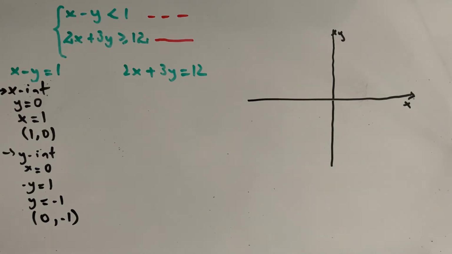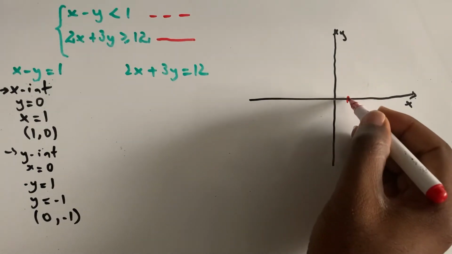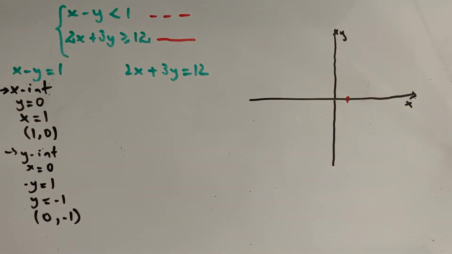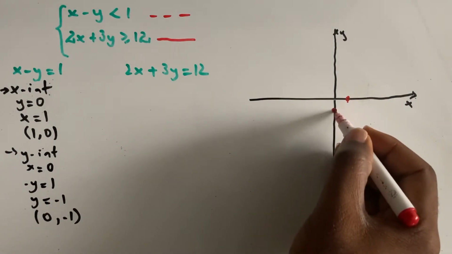So these are the first two ordered pairs. We can plot them to graph the line. We go to 1, 0, which will be here, and 0, negative 1, I'll put it here.